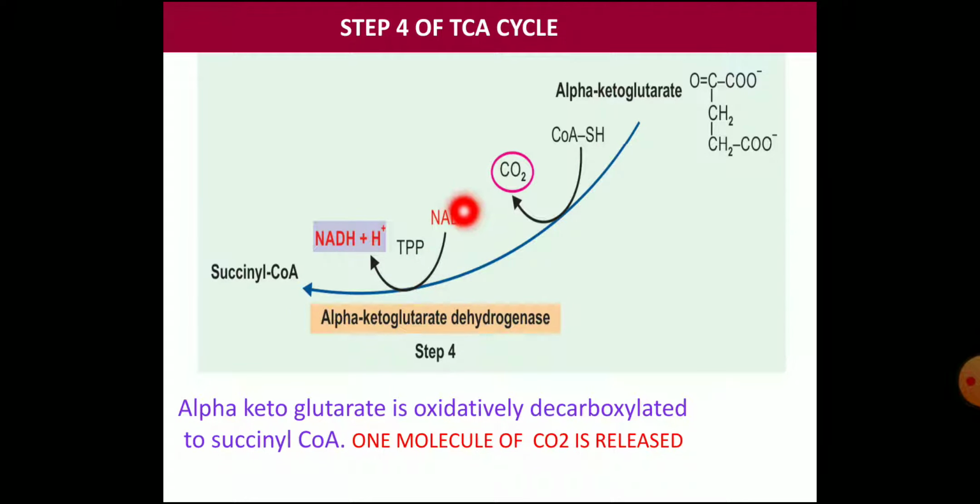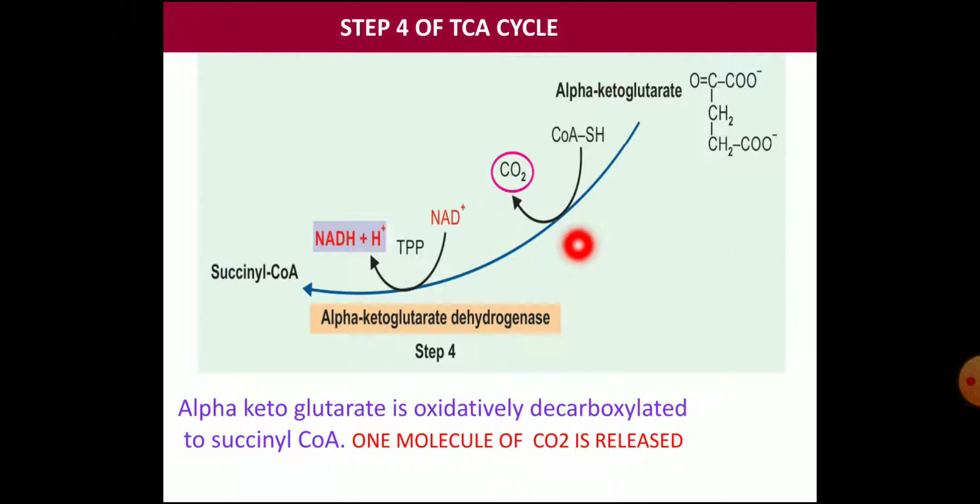Again here NAD is taken up in presence of TPP, lipoamide, etc., and it is converted to NADH plus H. Again this NADH plus H is entering the electron transport chain where it is producing 2.5 molecules of ATP. So remember, in this step again there is production of carbon dioxide and also production of 2.5 molecules of ATP.